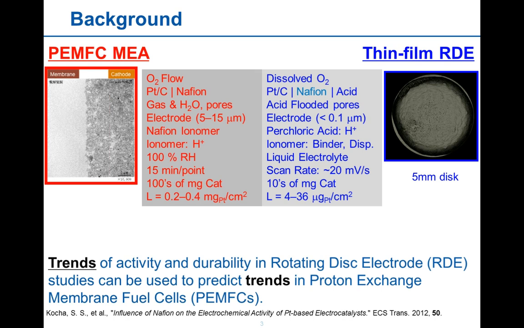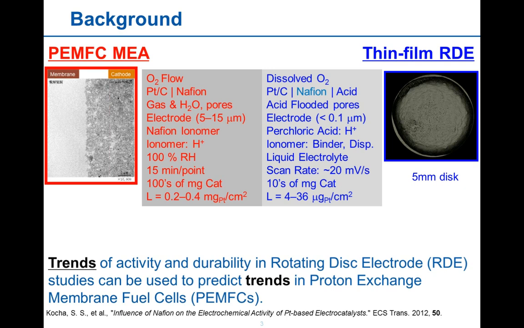I stress and emphasize the word trends because the absolute values of activity in RDE and PEMFC are not expected to be the same. And I've expanded on that subject. As you can see next to the graphic of the MEA, where you see a 10 micron catalyst layer next to a membrane, and on the extreme right you see a RDE 5 millimeter disc.